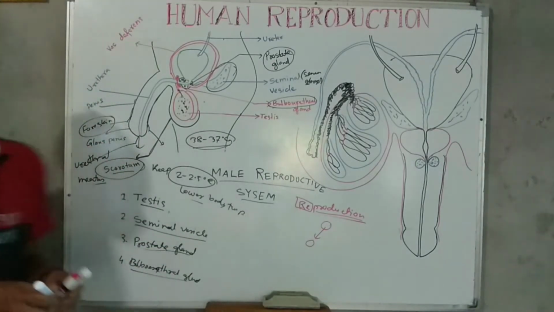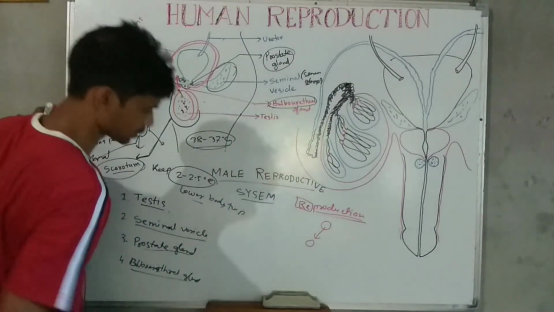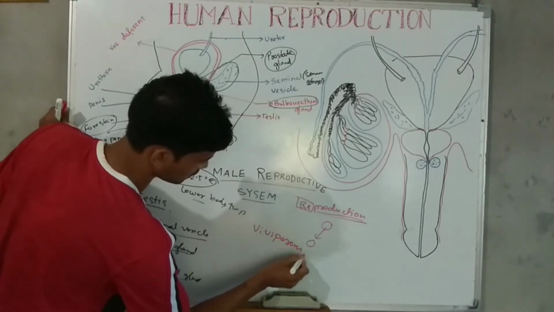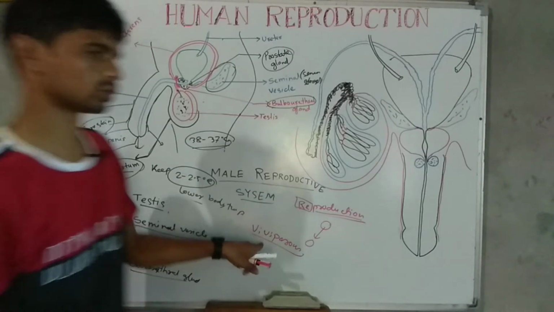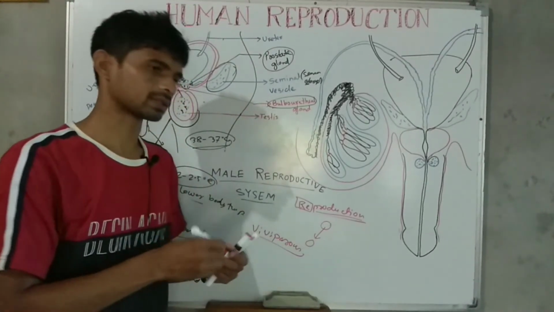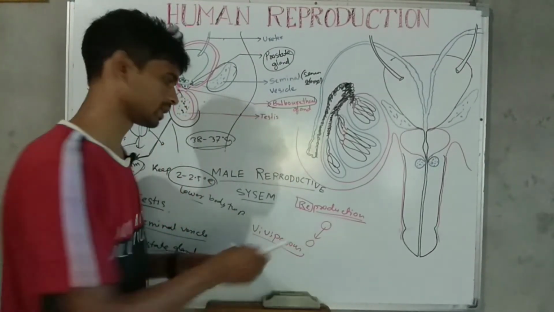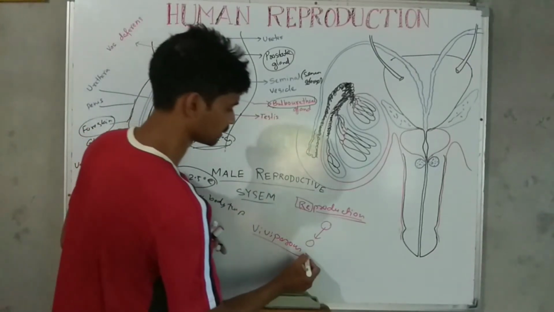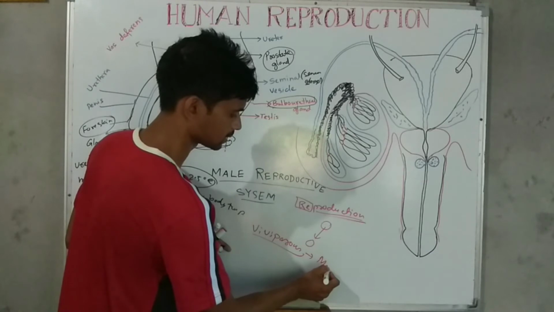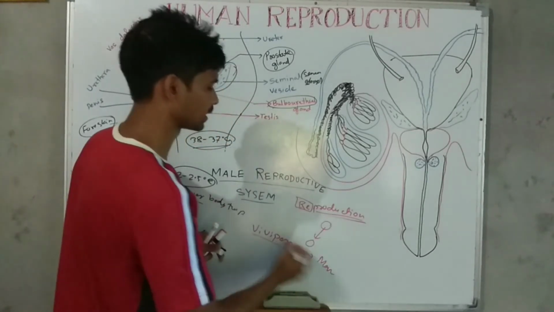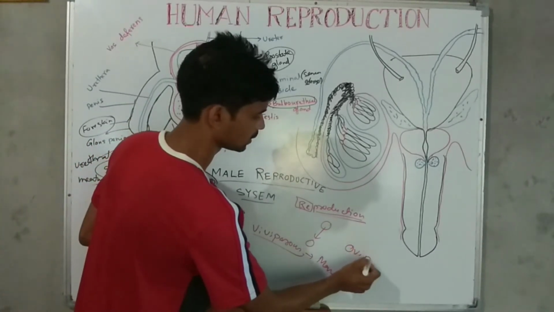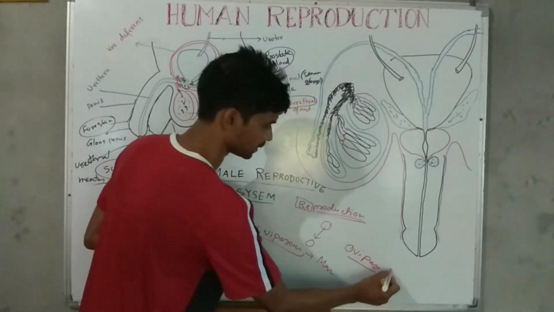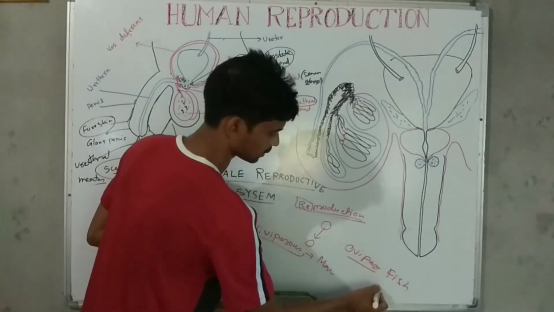Then there are other terms, like viviparous. Viviparous animals are those which give birth to their young ones, meaning their fertilization occurs inside their body, for example human beings and animals. Otherwise they are oviparous, where fertilization occurs outside the body, like fish and frog.